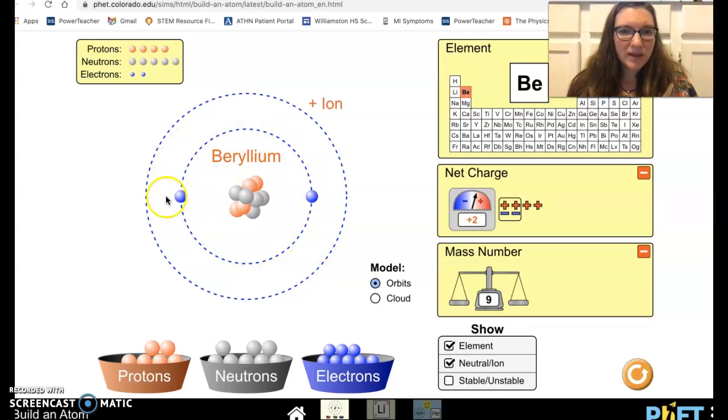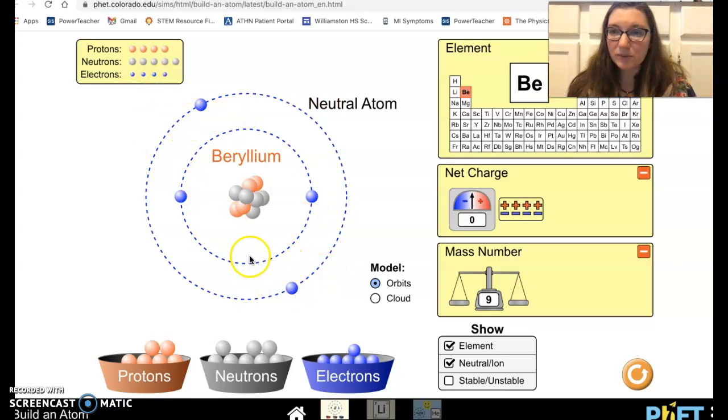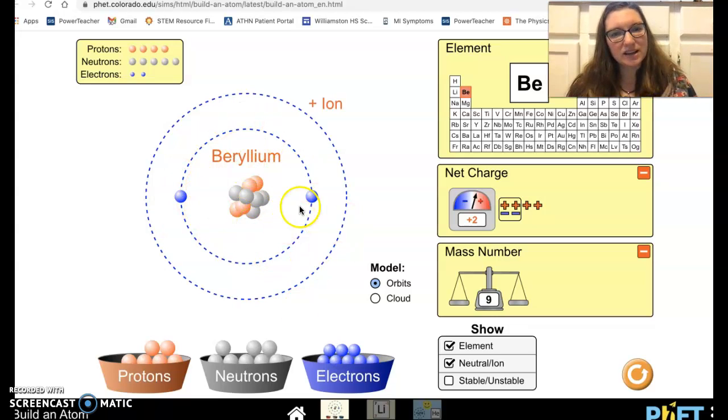So this beryllium atom has 2 electrons, which fills up that energy shell, and then it got rid of the 2 that would have been on this one. So I'll do that visual here too. Okay, so it would have had 4 if it was neutral, but atoms prefer to have a full outer energy level. So if this one is full and this one is empty, then this outer one basically just goes away, and you're just left with this one that's complete.